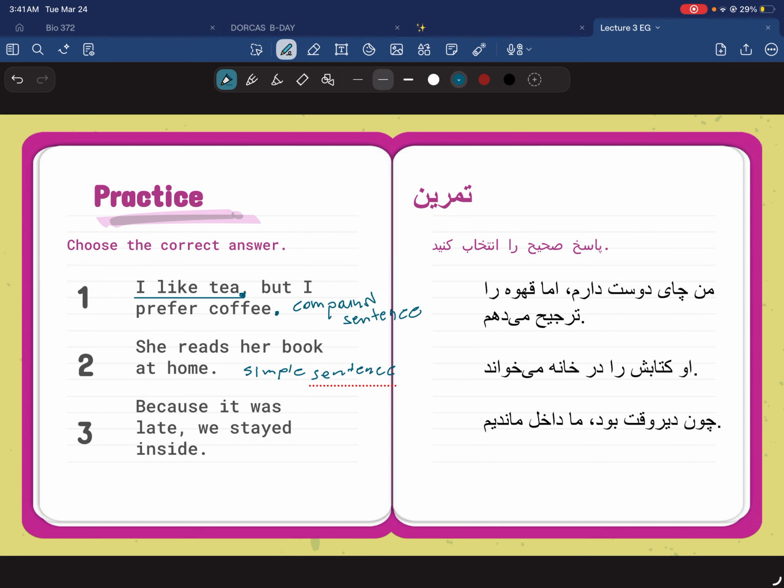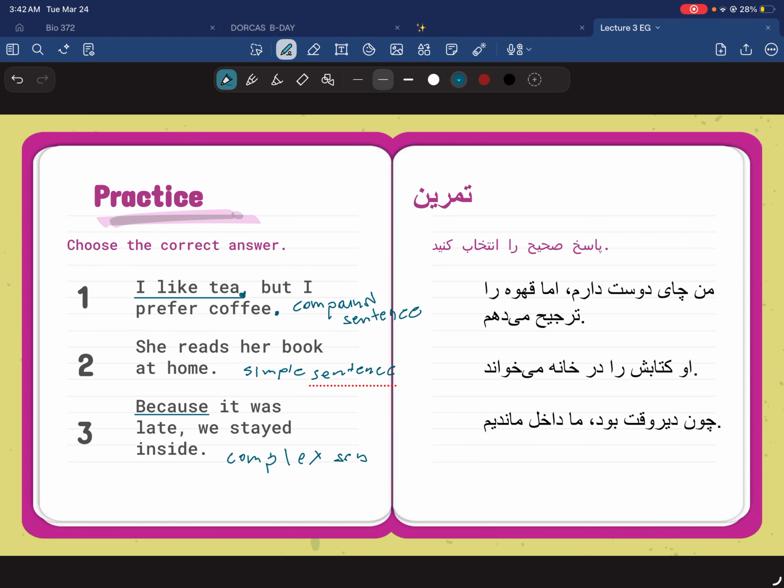All right. And then the next thing is going to be because it was late, we stayed inside. So I know just looking at this from what we discussed in the last slide, I'm sure you guys have already guessed the correct one for this one. It is going to be a complex sentence. And our big hint is going to be because.